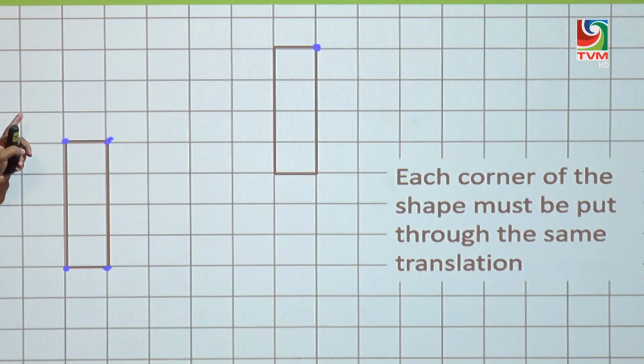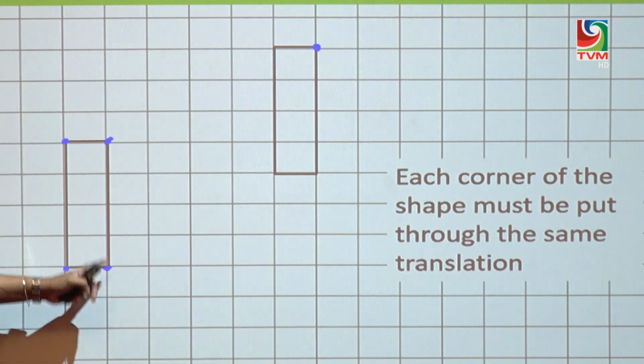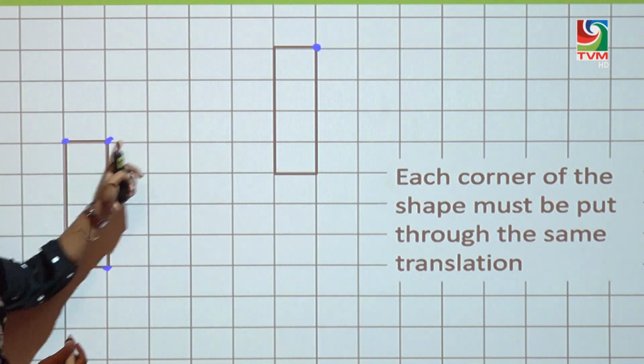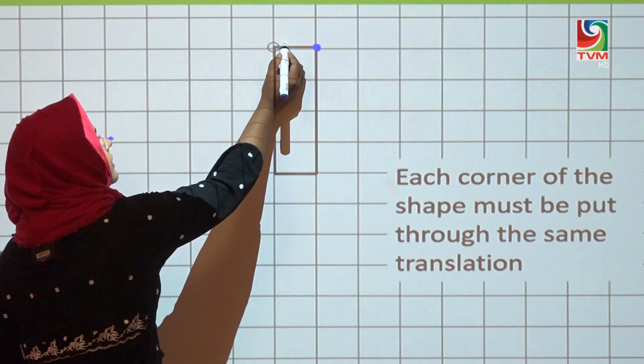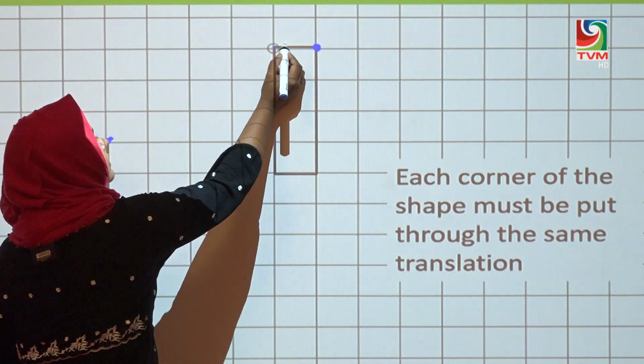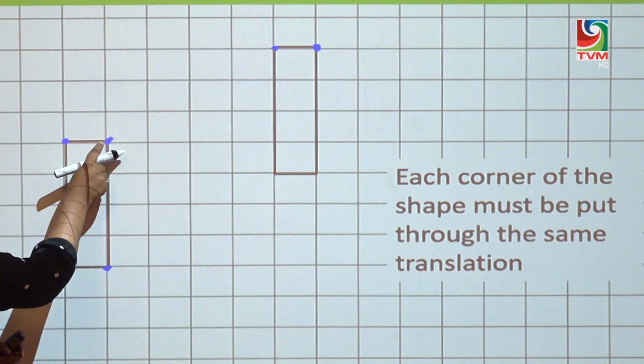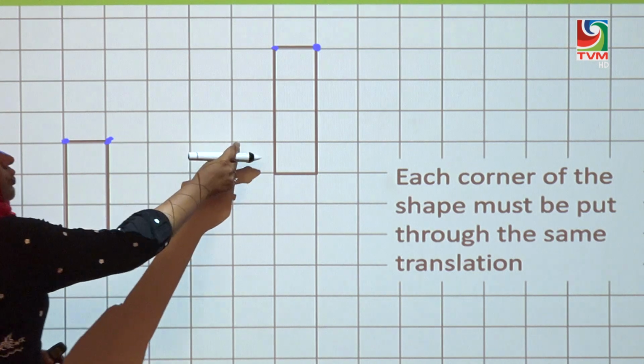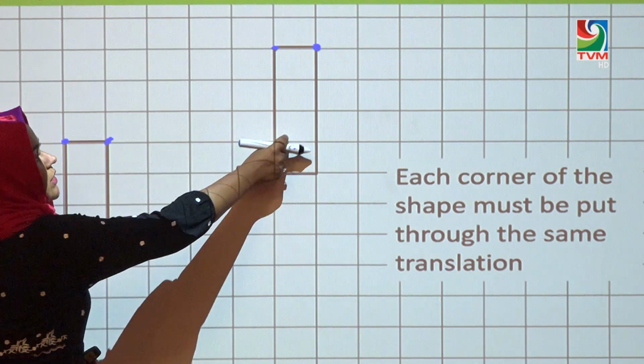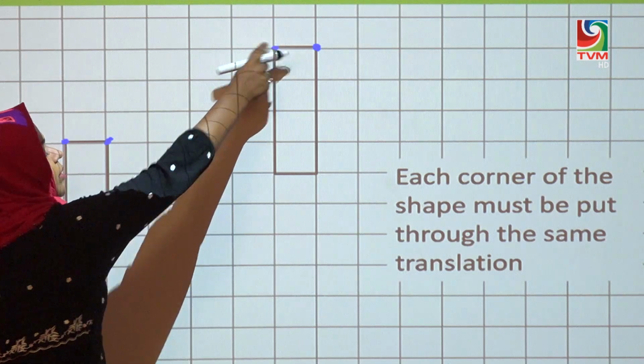So when you move these points through the same translation, this is where the point goes. Now this point, check 1, 2, 3, 4, 5 units to the right, 3 units up.